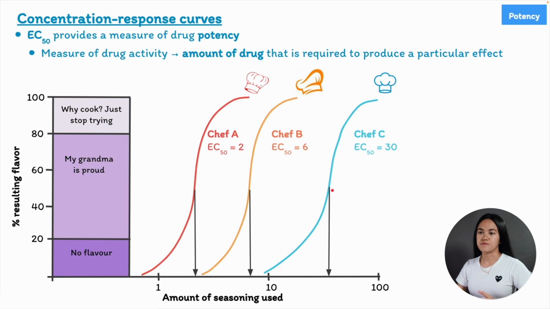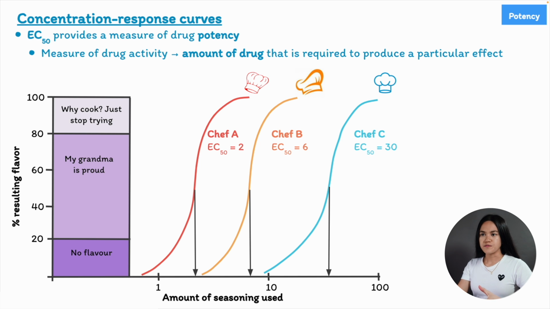Finally, we have Chef C. Chef C's curve starts with a substantial amount of seasoning, gradually increases in flavor, and levels off at the highest flavor point. The EC50 value for Chef C is the highest among the 3 chefs, indicating that a significantly larger concentration of seasoning is required to achieve 50% of the maximum flavor.